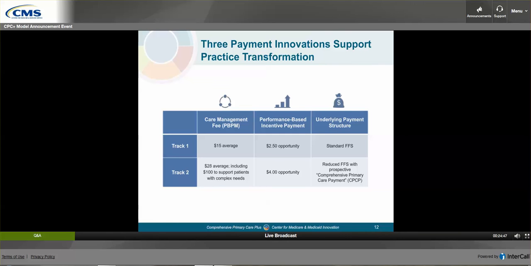The second component is the performance-based incentive payment, which is also prospectively paid. This payment is meant to focus practices on clinical quality, patient experience, and utilization metrics. The third component is in Track 2 only, and it is a departure from fee-for-service towards a hybrid payment that is a mix of fee-for-service and what we're calling a comprehensive primary care payment, or CPCP.